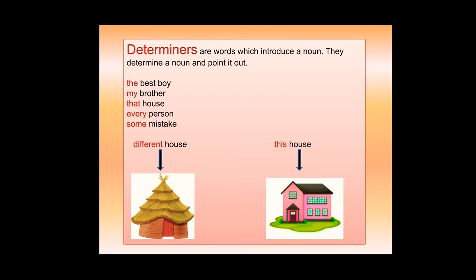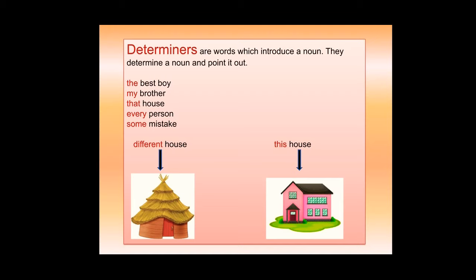Some examples are: the best boy, my brother, that house, every person, some mistake. These are examples of determiners, as all determiners are highlighted in red font. Whereas just see the two pictures given below: different house and this house. Different house is an example of an adjective.